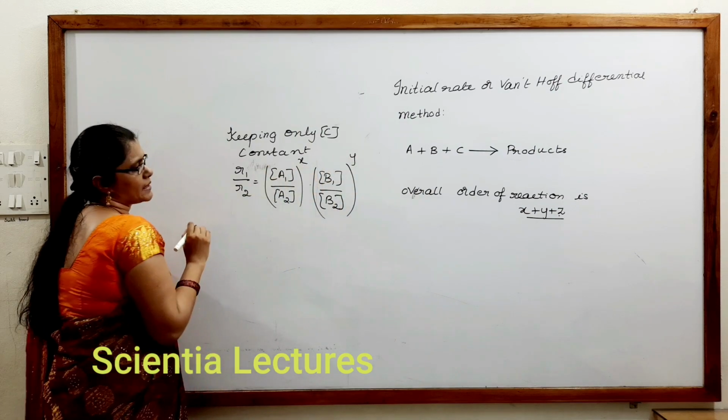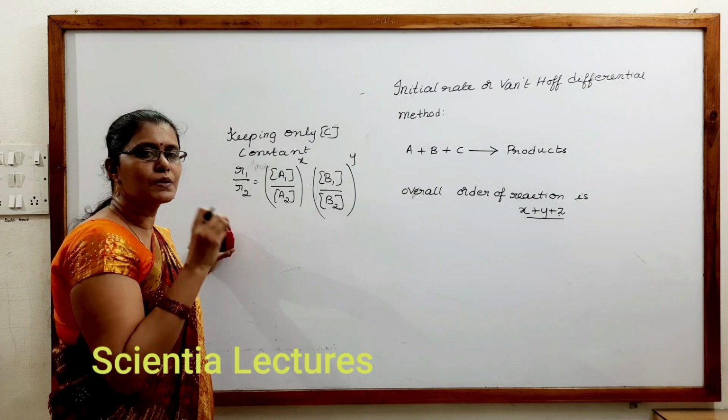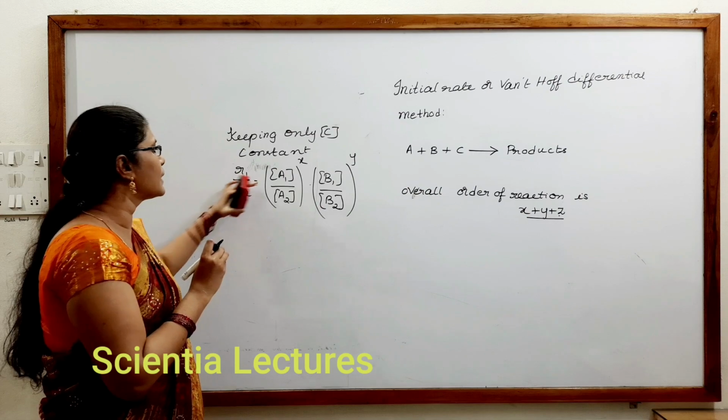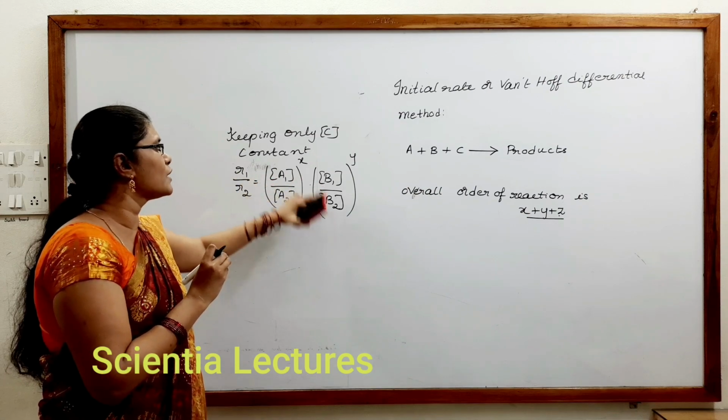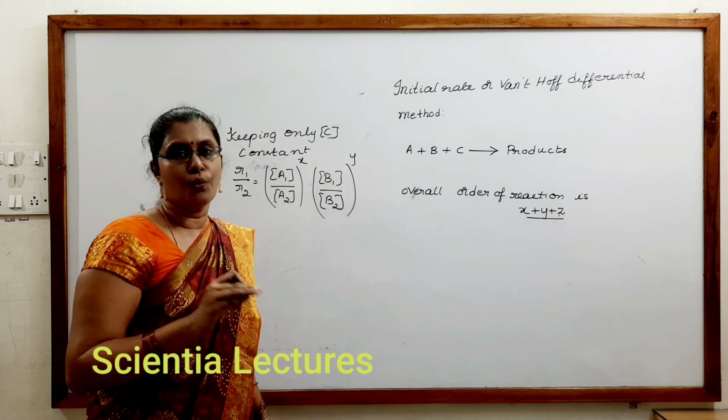As we already know X in the given problems, it would be given like that. If we know X, we can substitute X, and R1, R2, A1, A2, B1, B2 they will give, and X we already know from the calculation. So you can find out Y.